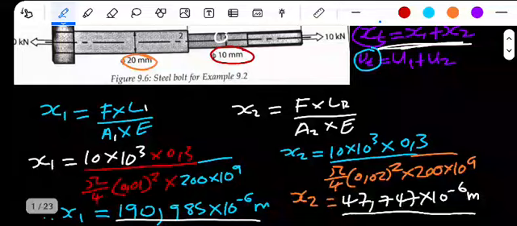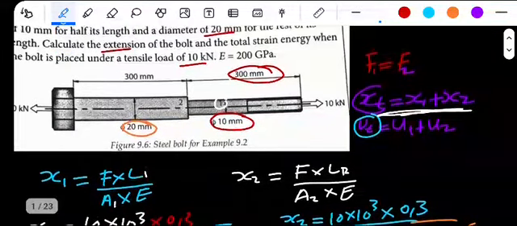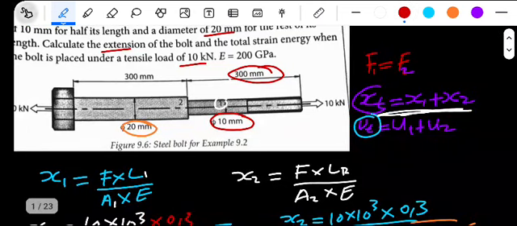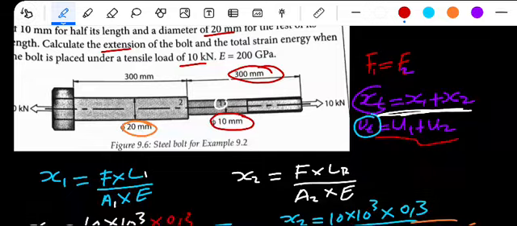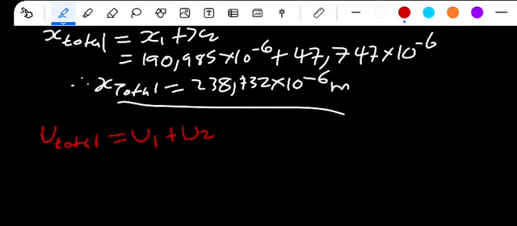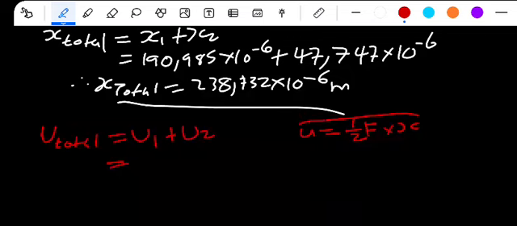We have answered that, but they also ask for the total strain. The total strain might be equal to strain 1 plus strain 2. We know that the strain is given by 1 over 2 multiplied by force multiplied by x. This is the formula for strain.